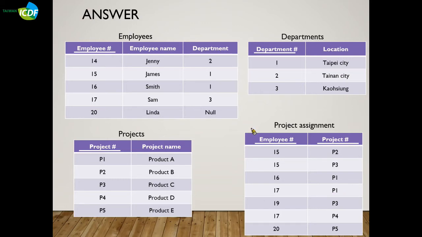So if each attribute is not unique enough to be a primary key, we can try to combine two attributes, and we can find the combinations according to the properties of the relational data model.